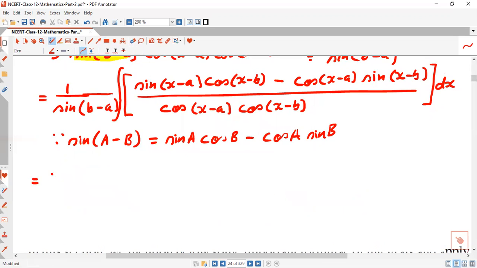We see here 1 upon sin(b minus a), a constant, and we are taking the integration. We are separating the terms.